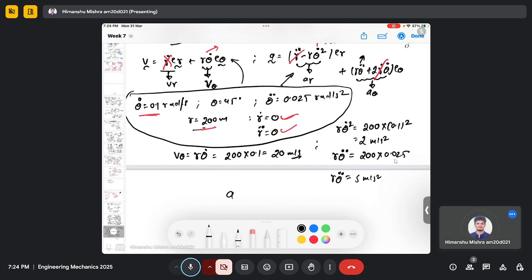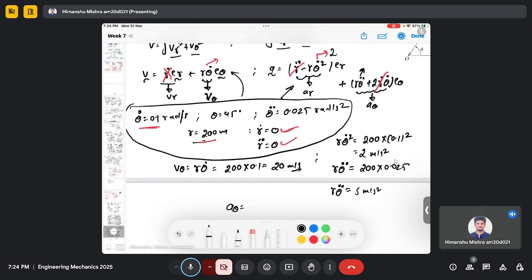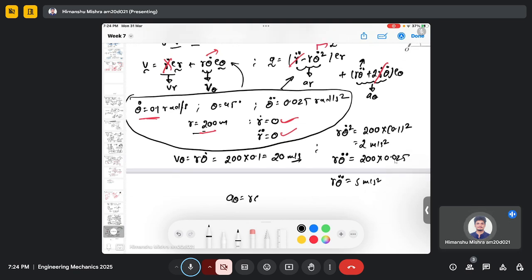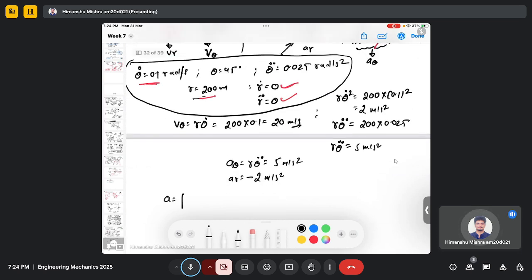So your a theta will be r theta double dot, which is 5, and ar is minus 2 meter per second square. So your magnitude of acceleration will be just root 29 meter per second square.